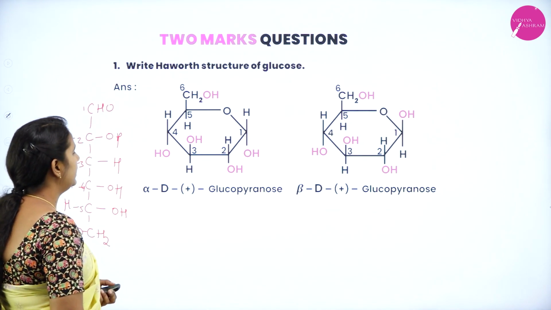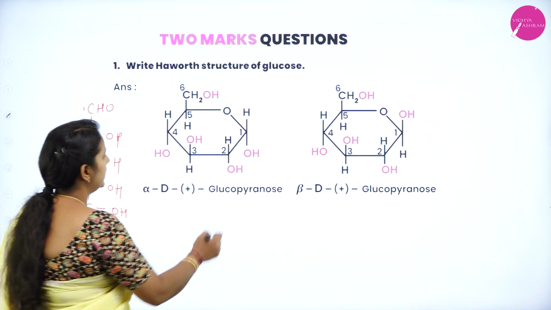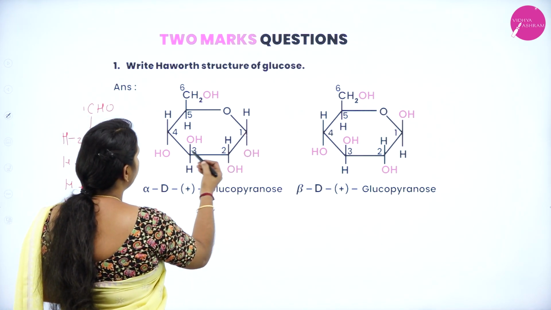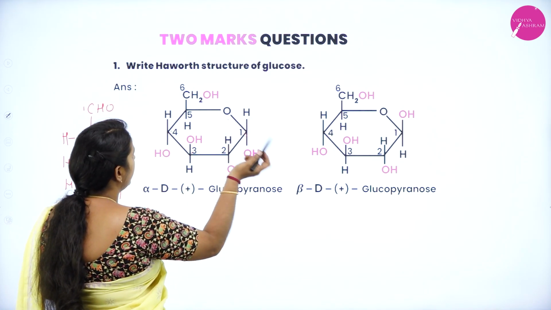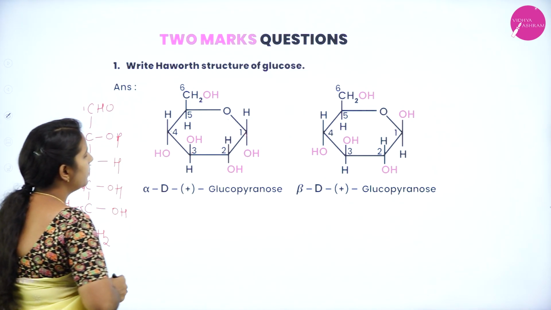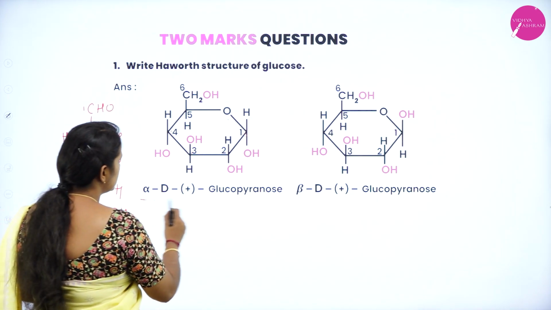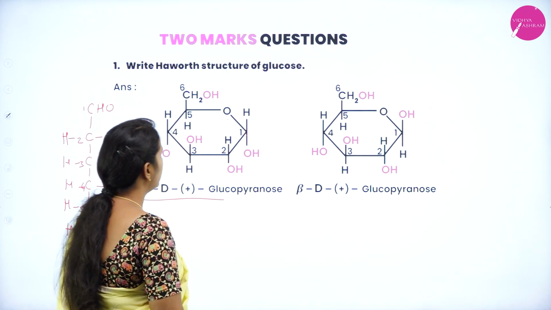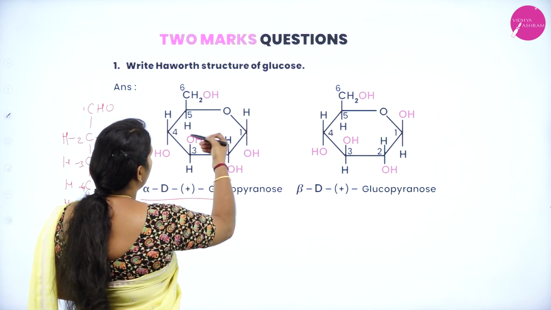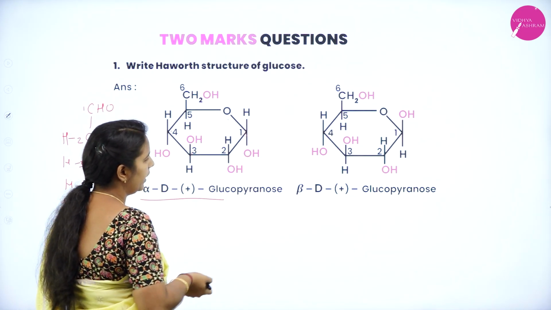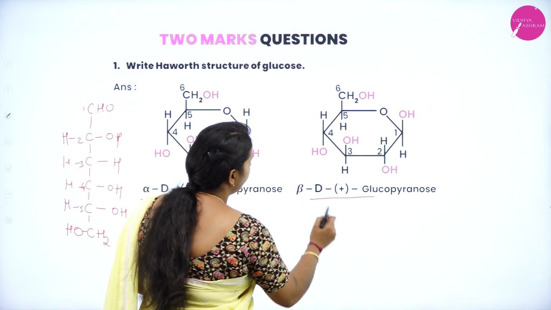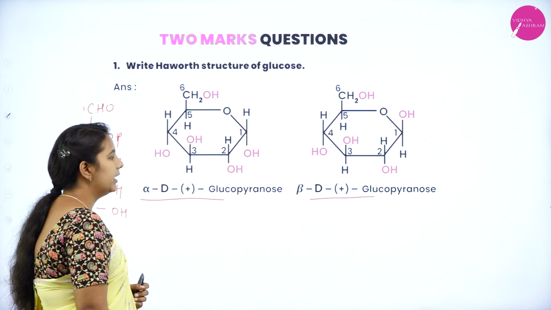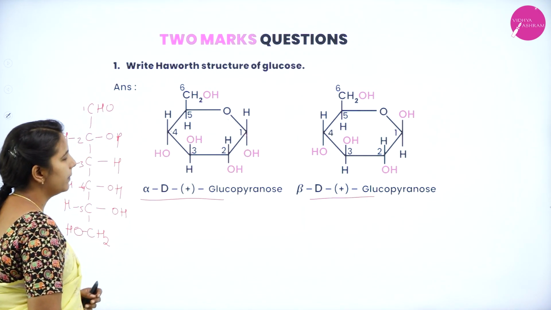This can also be written in the form of the Haworth structure. This is the first carbon atom, 1, 2, 3, 4, 5 and 6, with the ring forming a bond with an oxygen. So, it is alpha D glucopyranose. Similarly, we can rewrite it just by arranging the OH and H below and up, and we can write the beta form. This is beta D glucopyranose.